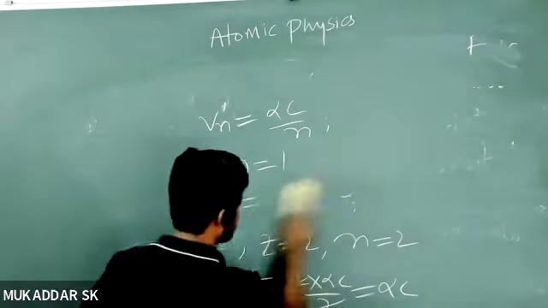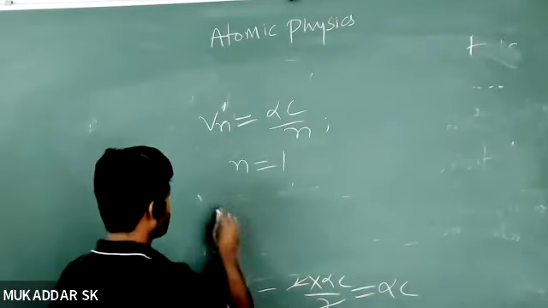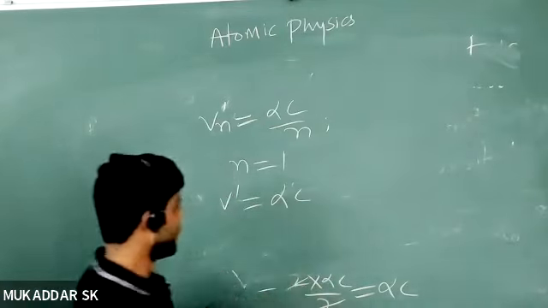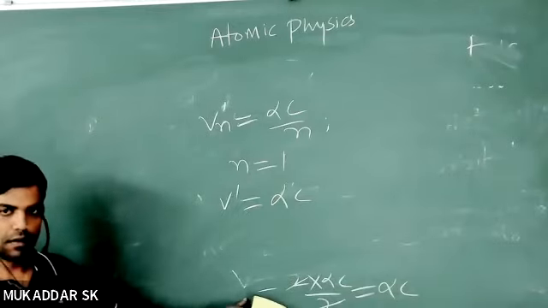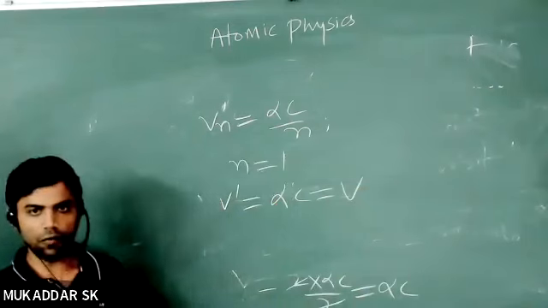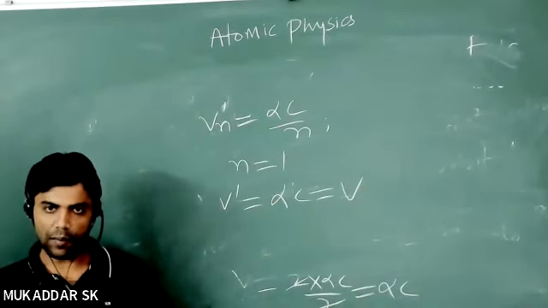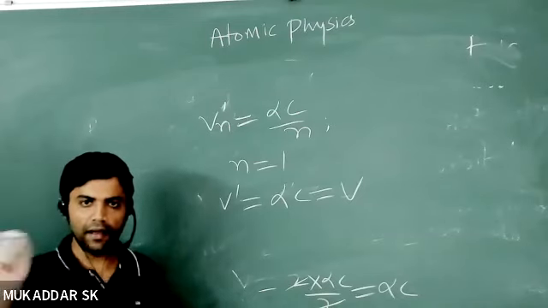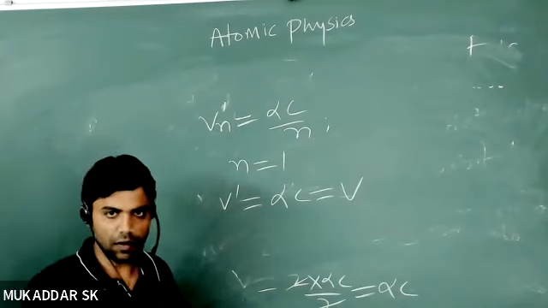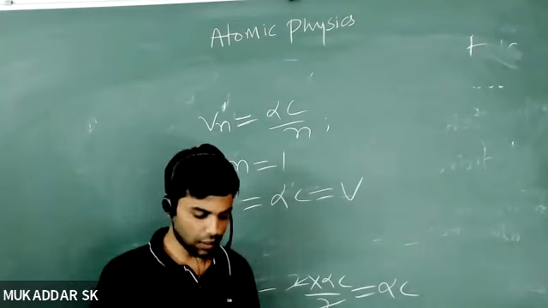Alpha c, right? So for n equals 1, V dash will be alpha c, and that is exactly the same as V. It means the speed of the electron in the second orbit of helium ion is the same as the speed of the electron in the first Bohr orbit of hydrogen atom. Is it clear to all?